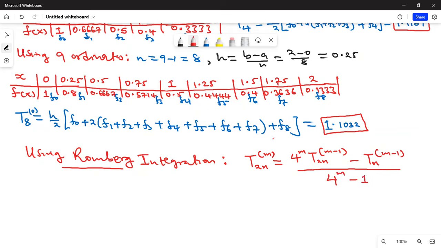This is an iterative formula that is used in Romberg integration when the initial estimates are provided by the trapezoidal rule.